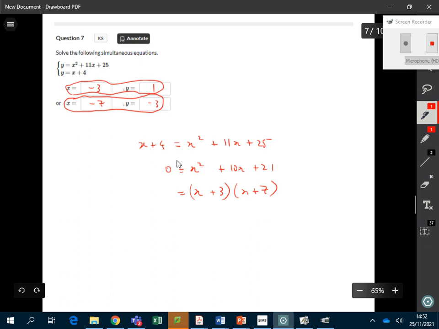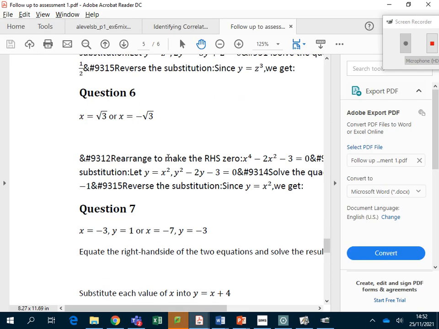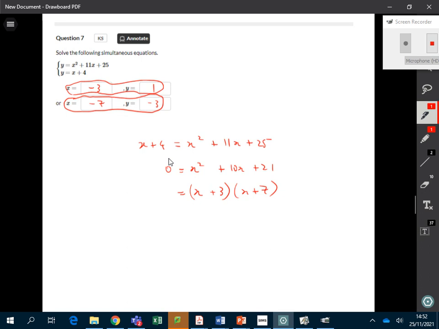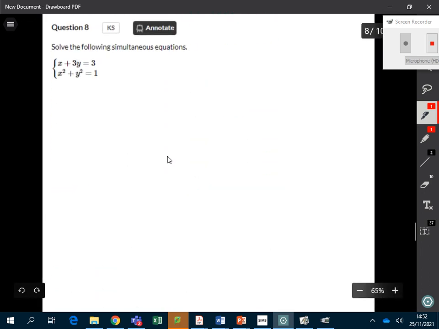So for instance, x equals minus 7 and y equals 1 isn't a solution together because minus 7 plus 4 does not equal 1. You can see that if you substitute it in. So the solutions come in pairs. Let's just again check we've got that right. Yep, all good.